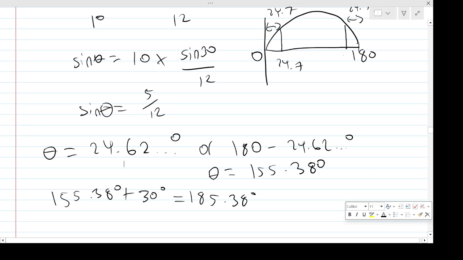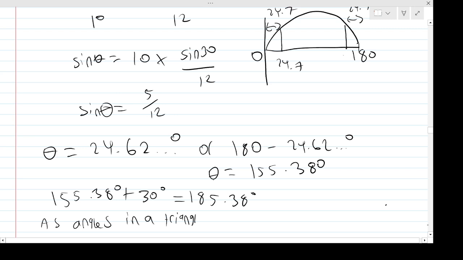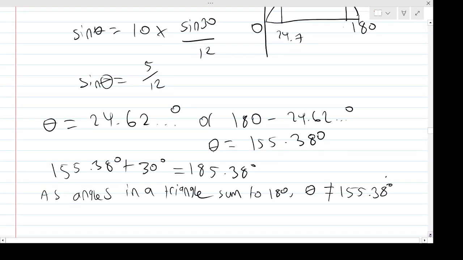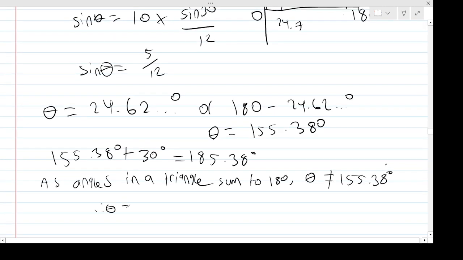So I'm going to say, as angles in a triangle sum to 180, that means that theta cannot be this 155.38 degrees. So the only solution is that therefore theta is 24.62 to 2 decimal places. Okay, there we are then.